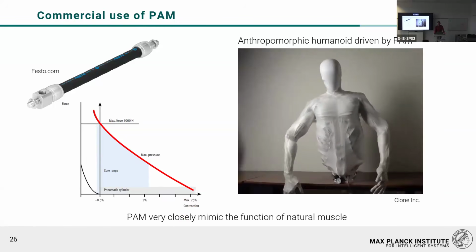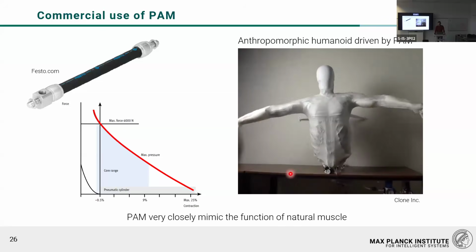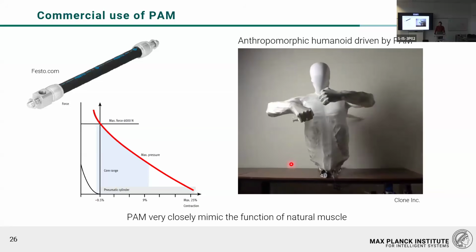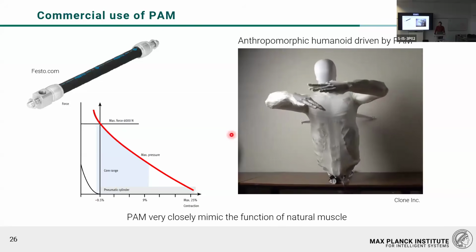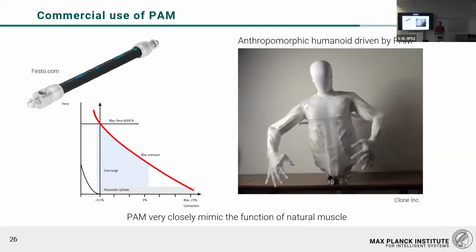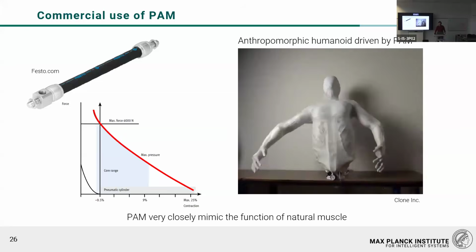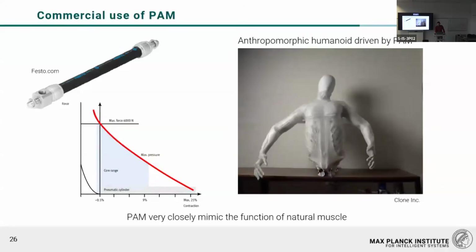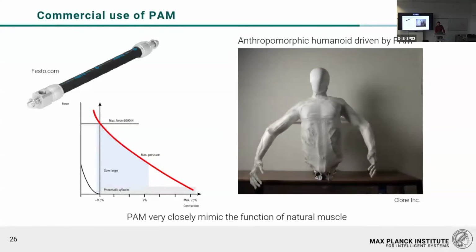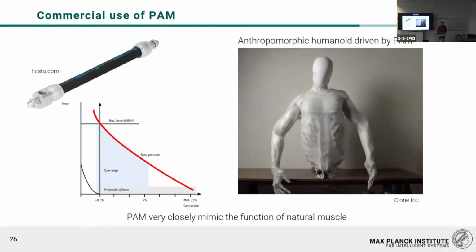When they actuate, you can even see the muscle contraction, similar to what you would see with the human body. And to be honest, when I saw this for the first time, it looked a bit weird or strange to me. I'm not sure if it's still in the uncanny valley or not, but it is definitely impressive what you can do.